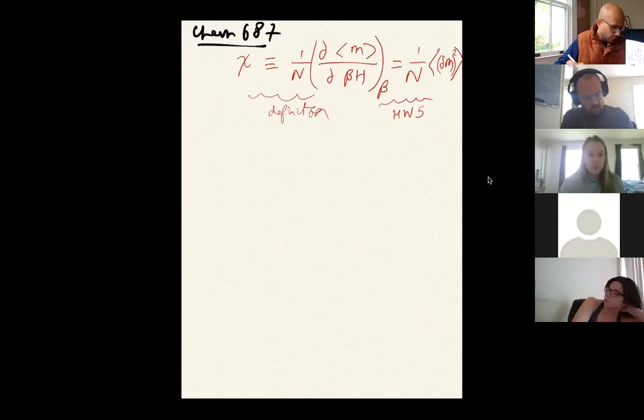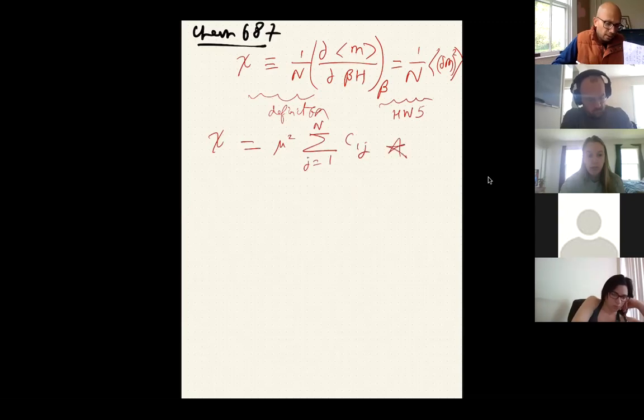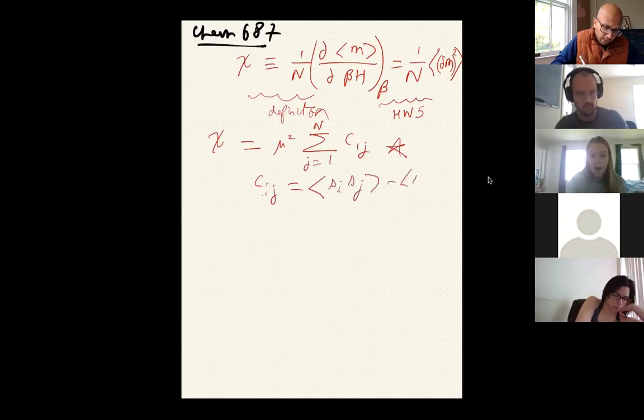So then what we showed was that chi is equal to mu squared times the summation over j from 1 to N of C1j. This was super important. And C1j here, or Cij in general, is defined as the correlation between two spins, the average value of SiSj minus average Si times average Sj.